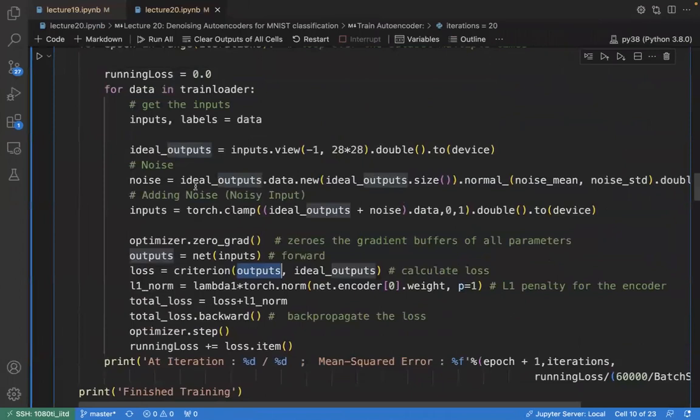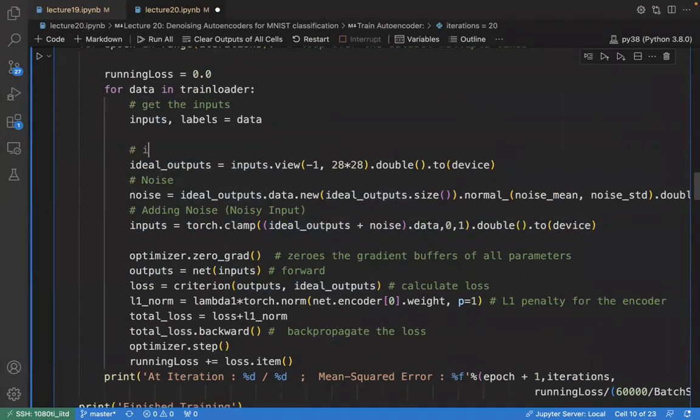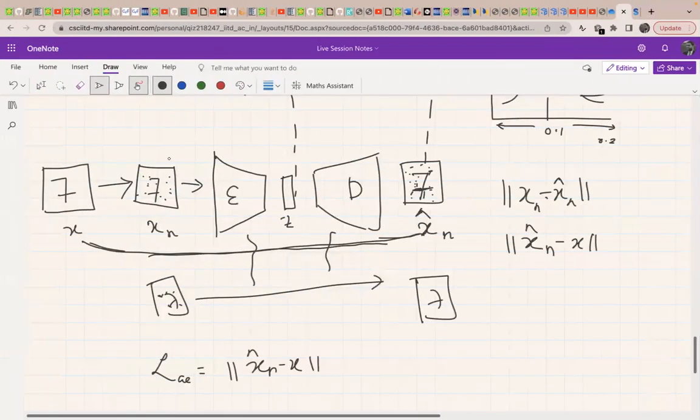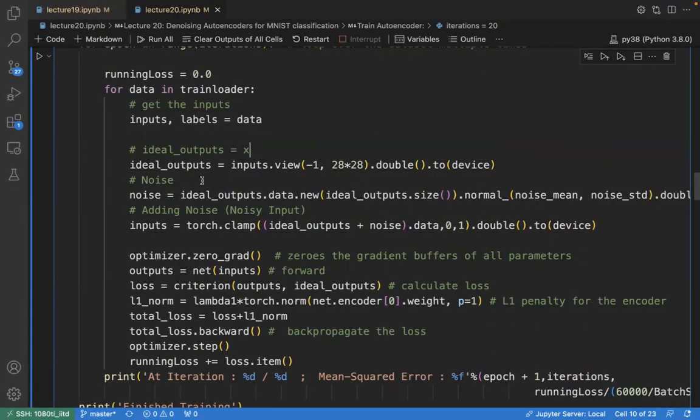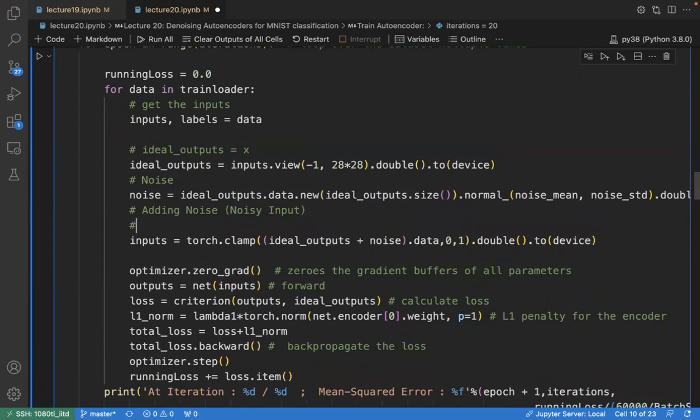Since I mentioned the x is the ideal output and inputs is, I'll just write ideal outputs equal to x. X ideal output is equal to x, and inputs equals x subscript n, right?